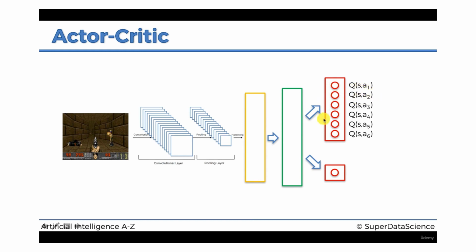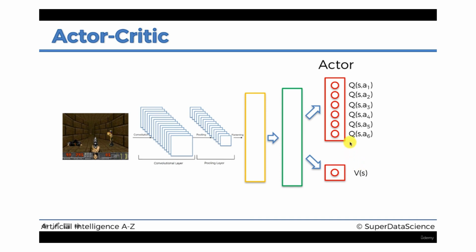But now this bottom part, and the top part is actually called the actor. We're going to give it a name. That's the actor because that's the part where the agent chooses what it wants to do, as if it's performing on stage. It'll make more sense once we have the second name up on the screen as well. The second output is just one value, and that is V of S, the value of the state.